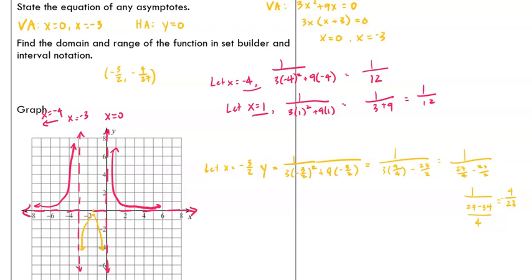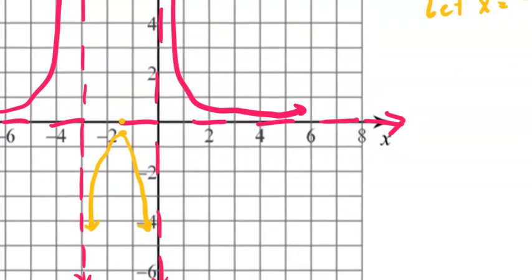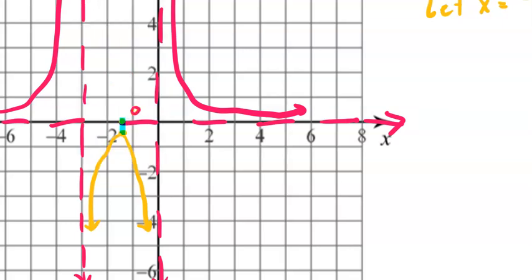It's going to be closer to the 0, but just so that I could show you, this little area right there is not covered. So that's going to be between 0 and -4/27. So that has to be excluded from the range.